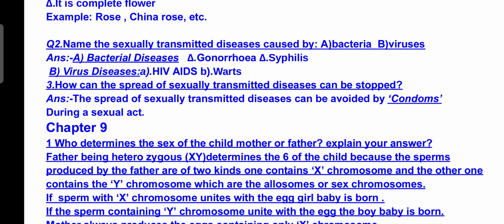Question number 2. Name the sexually transmitted diseases caused by bacteria and viruses. Bacterial diseases are gonorrhea and syphilis. Remember this, viruses causing some diseases through sexual transmission are HIV/AIDS and genital warts, or simply the warts.